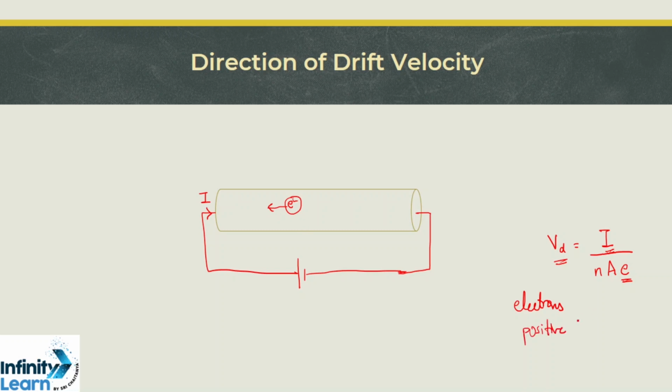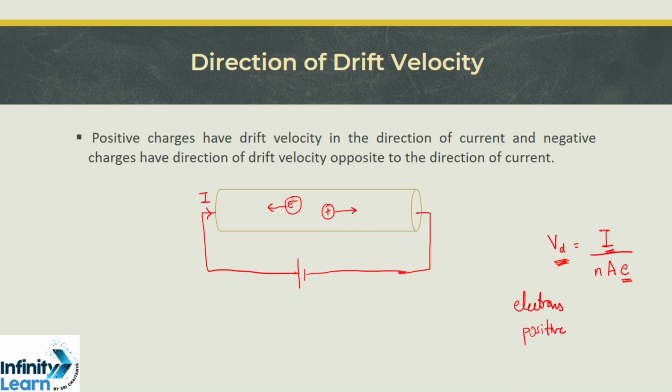If I have positive charges, these positive charges will have a positive value of charge, and therefore the direction of drift velocity and the direction of current will be the same. So positive charges are going to flow in the direction of the conventional current, and electrons, negative charges, are going to flow in the direction opposite to the direction of the current.